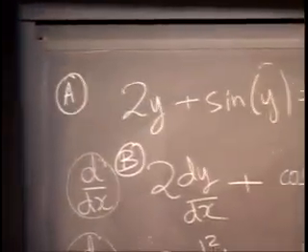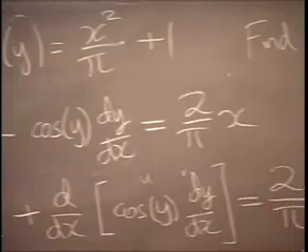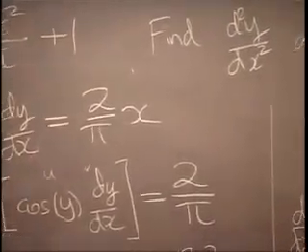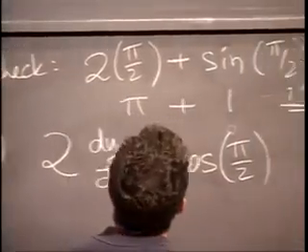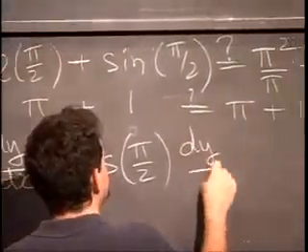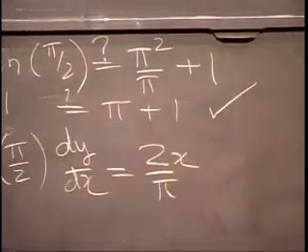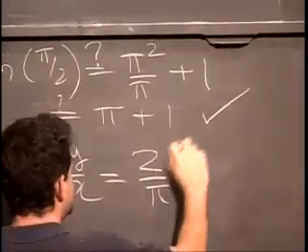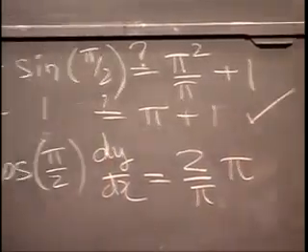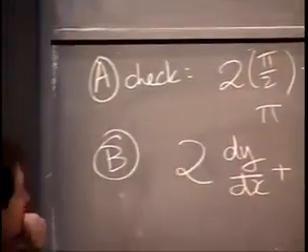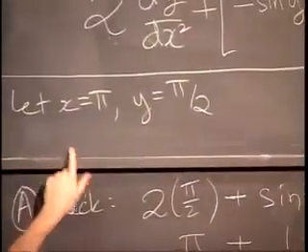Now we go to the derivative equation. And we have 2 dy/dx, I'm just copying from equation B above, plus cosine y, with y being pi over 2, dy/dx is equal to 2x over pi. But x, of course, is pi. So I've just taken equation B from above, and I have replaced y by pi over 2, and I've replaced x by pi.